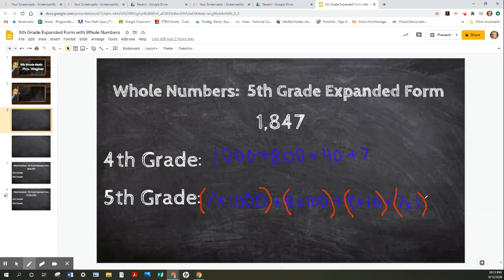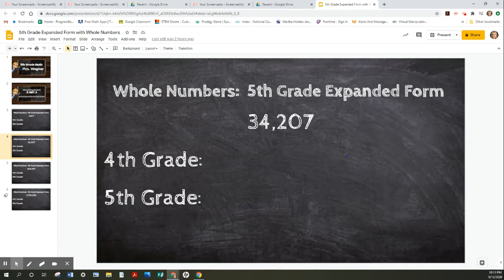So let's try another one. And this number is a little bit bigger, so we have 34,207. Again, if we were in fourth grade, we would say there is a 3 in the 10,000s place, so that would be equal to 30,000.